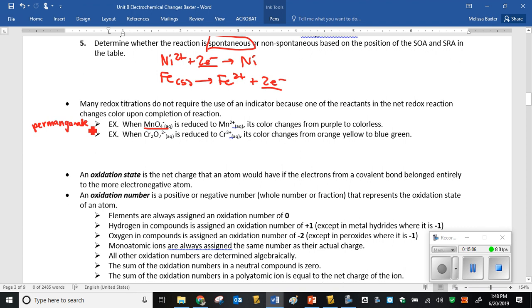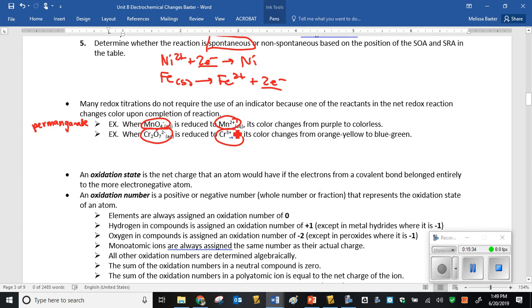Now, in case you forget what color permanganate is, at the back it's in this list of things that has colors. So is dichromate. It's not one that we used, but you could look up its color here. What you should recognize is that these things, when they're reduced, change color. And if you forget any of the colors, all four of these things are in the table at the back where you could look up what color they actually are.